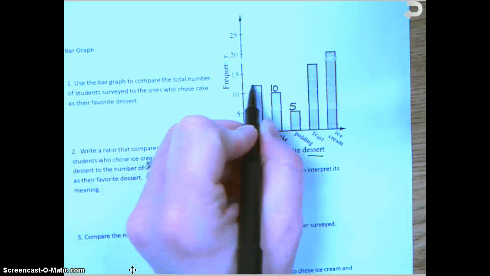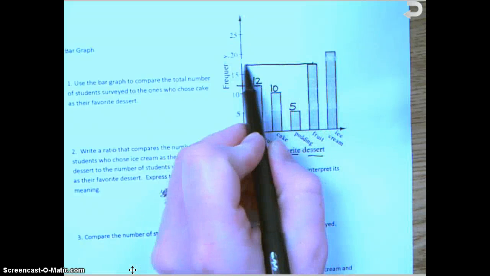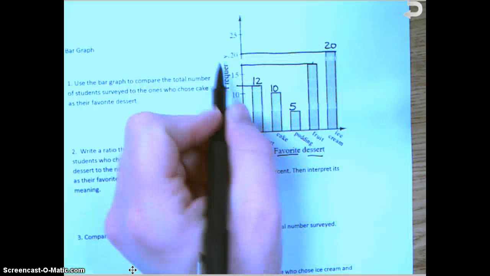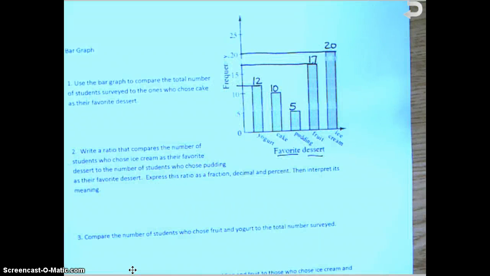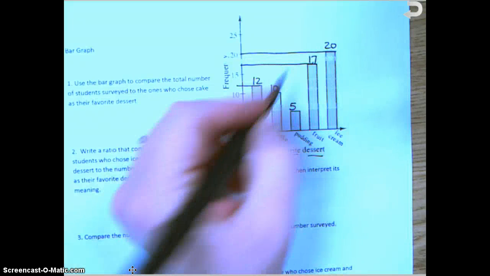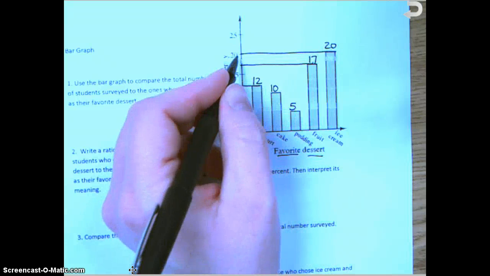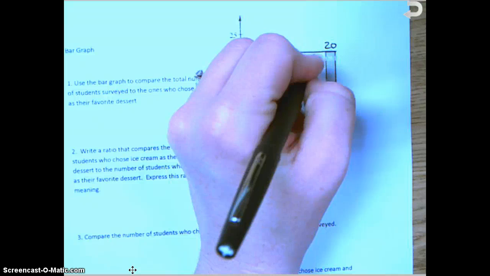Let's go with 12 people here. That's 20. That's probably, let's say, 17. I think that's 18. Sorry.